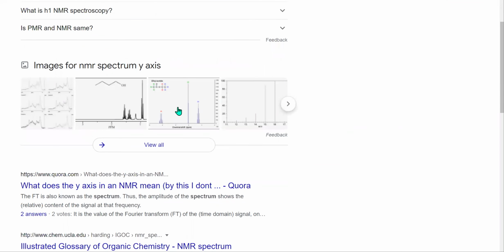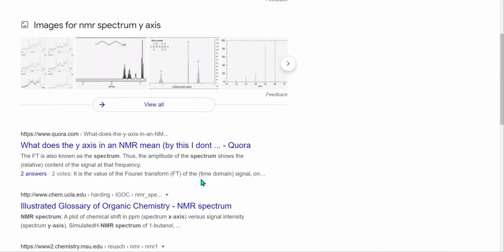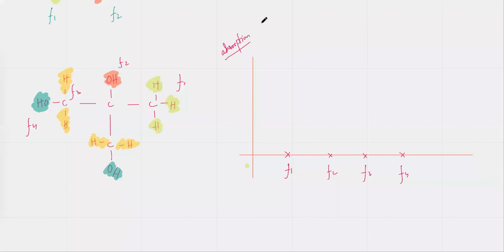So usually the y-axis is not given, but it is absorption of what frequency is getting absorbed. That is what the y-axis is.